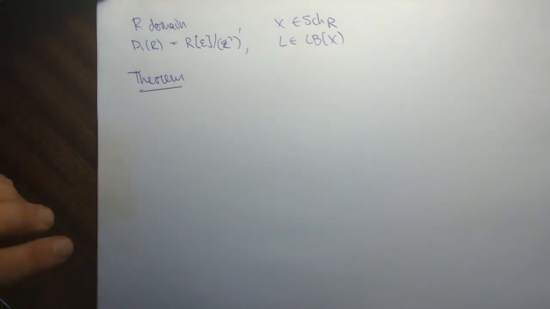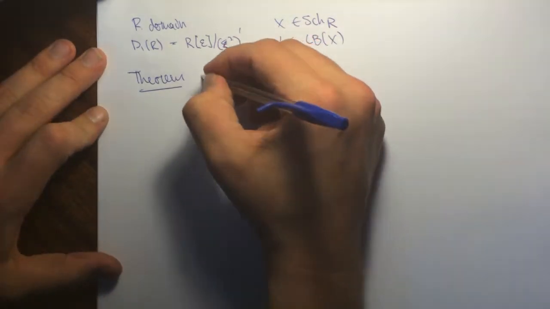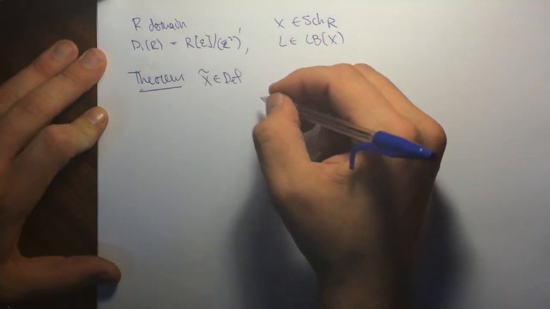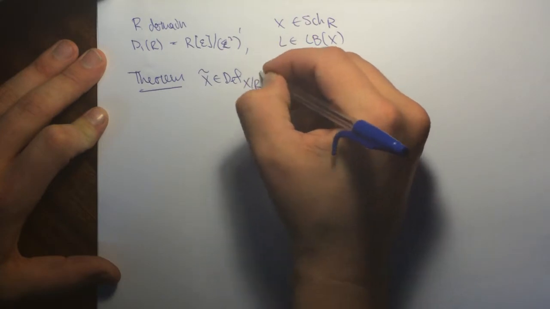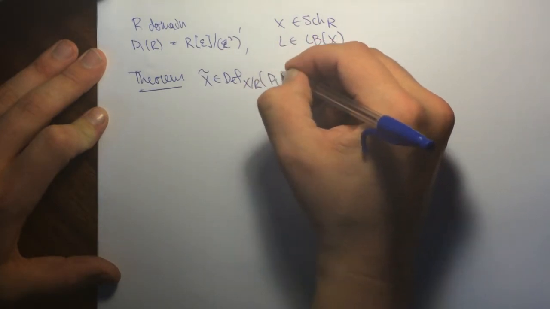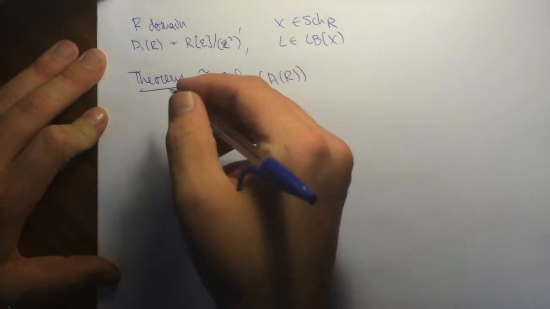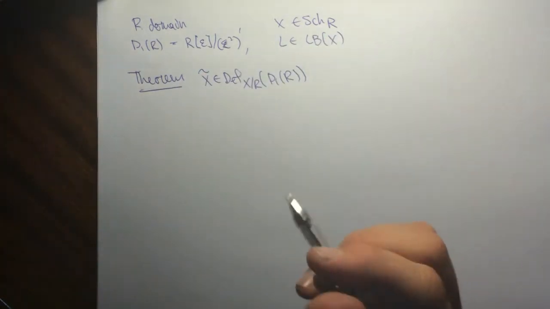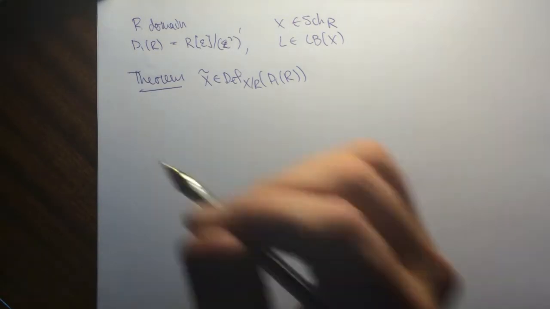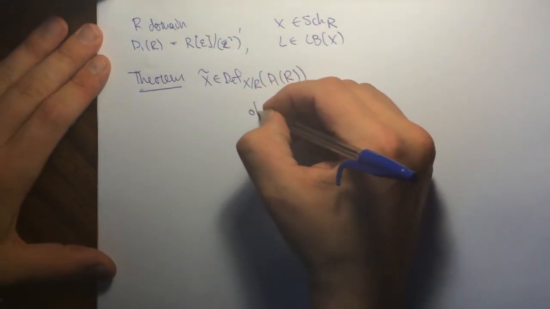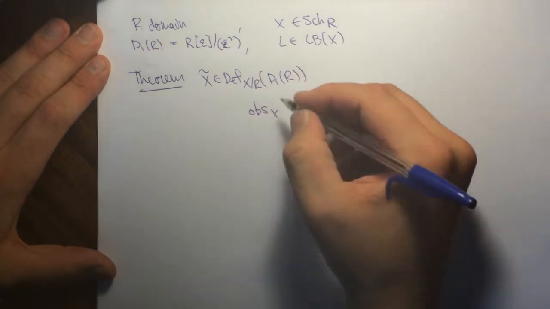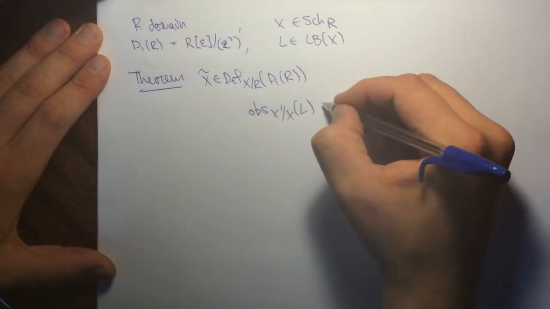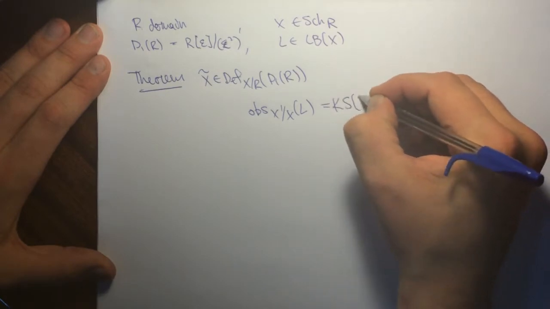It says that if we have a deformation of X to, let's say, the dual numbers, so we have an equicharacteristic deformation, then the following is true: the obstruction is a certain cup product. The obstruction to lifting the line bundle is going to be a cup product with Kodaira-Spencer.